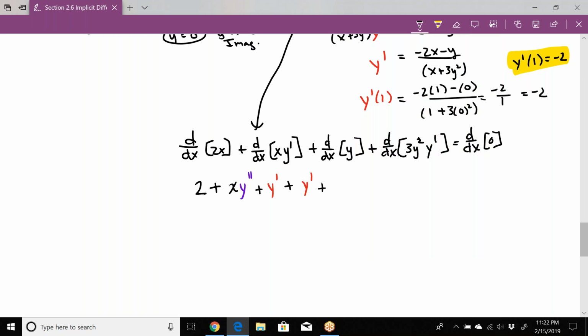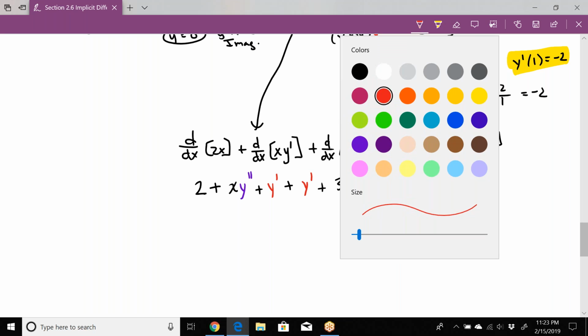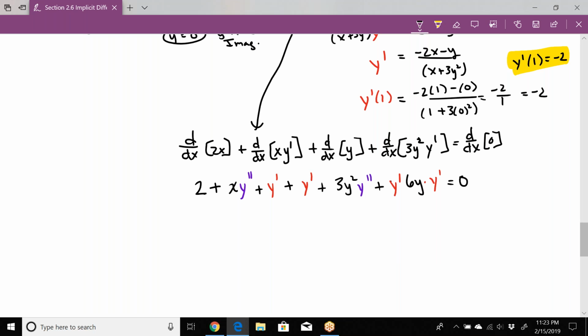So when we go to write our product rule here, it's going to be first times derivative of the second, so that turns that into a y double prime, plus second, which is y prime, which I need to write in red, times the derivative of the first, which would be a 6y, but because it's a y, we have to tack on another y prime. So this guy ends up having a y prime squared in this term. And then that equals the derivative of 0, which is 0.